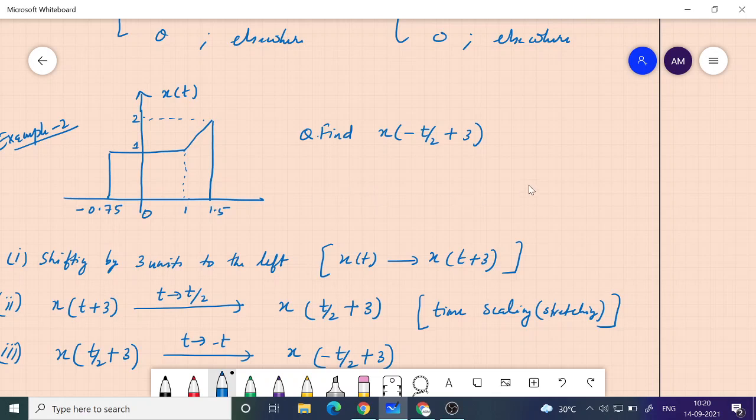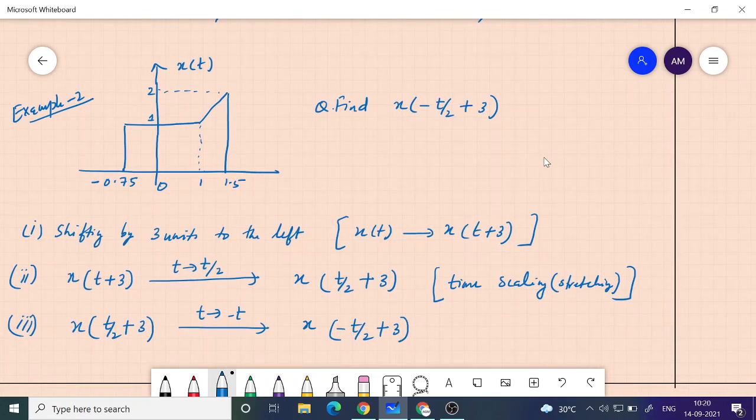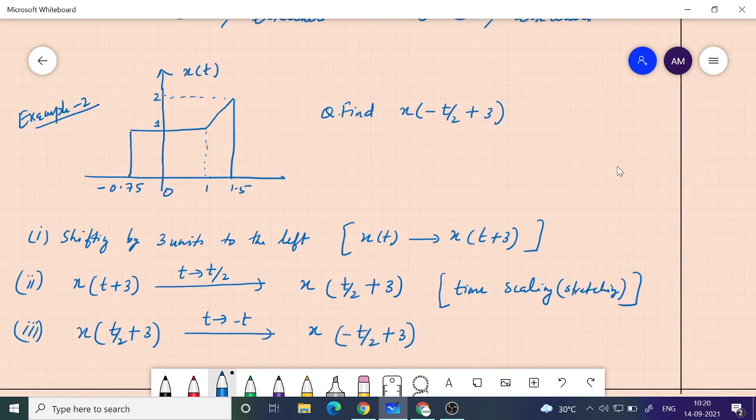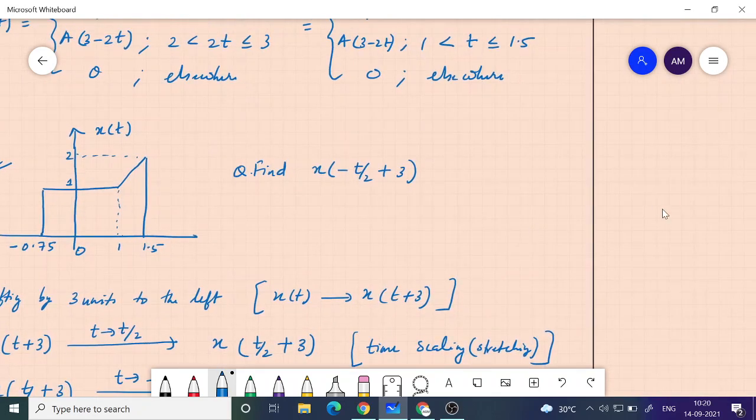If I shift by 3 units to the left, what will happen? It was 0.75, and if I go 3 units to the left, where will it start? Minus 3.75, right?